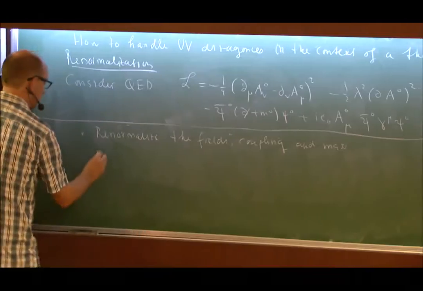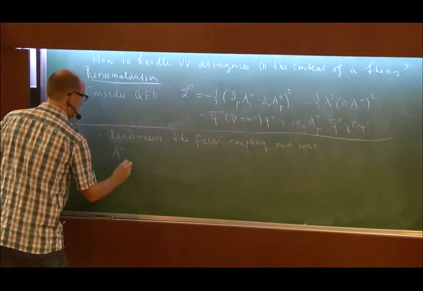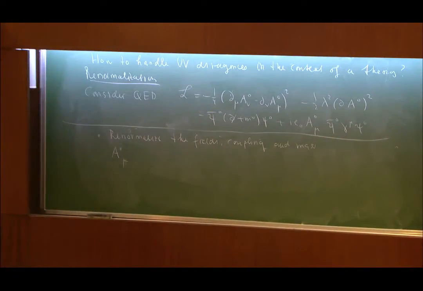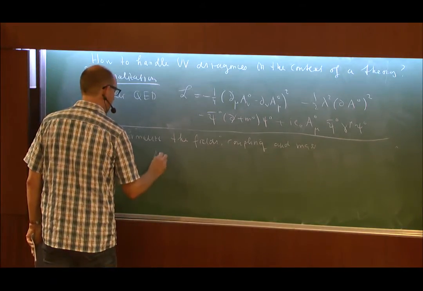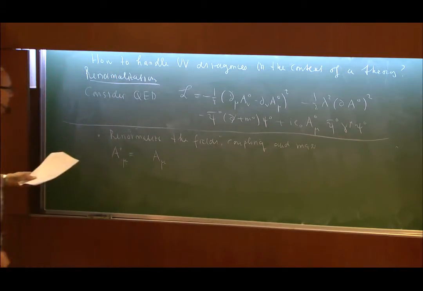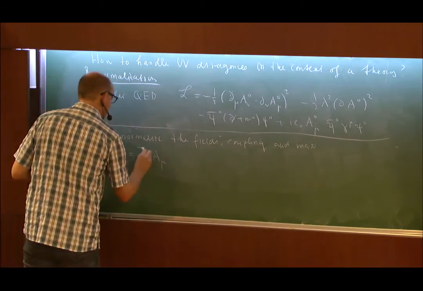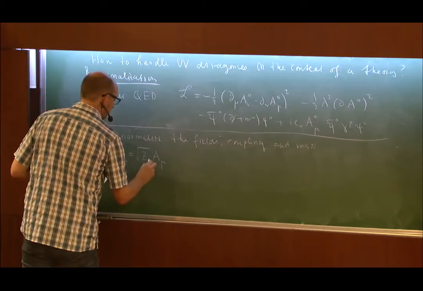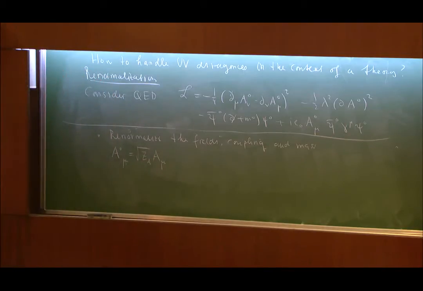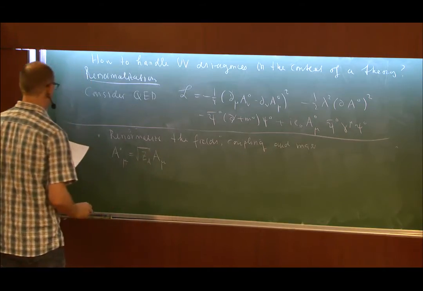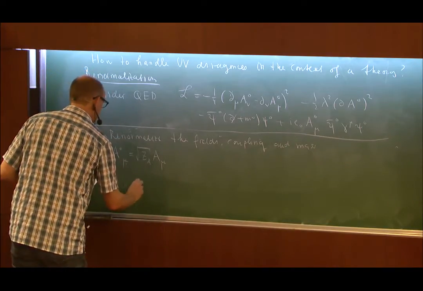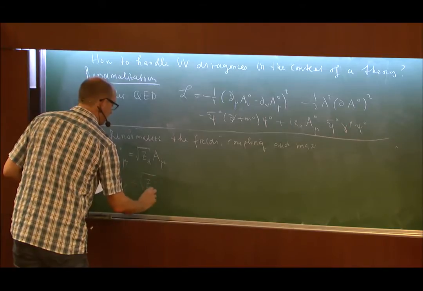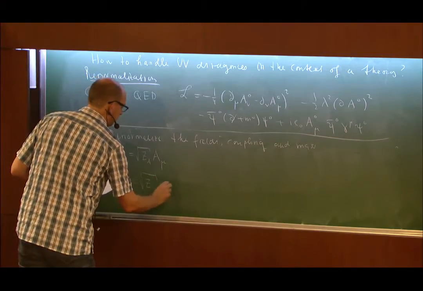So that means that what I wrote as this field, A0 up there, I will write with a new normalization constant in front times a new field without the 0 index. The new renormalization constant I call the square root of some factor ZA. The square root is a bit of convention. Don't worry about it for the moment. For the psi field, similar, but now with a renormalization constant Z psi, in fact, the square root of that.